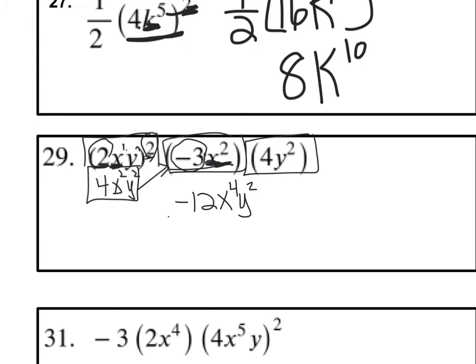Now I'm going to multiply it with that last 4y squared. So -12 times 4 is -48. X to the 4th, I don't have any other x's, so I just write it down. Y squared times y squared. Same base, 2 exponents, add them.